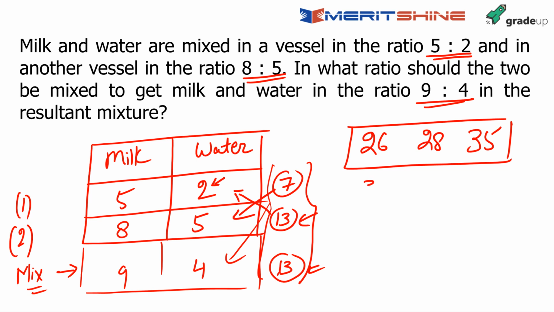7 5s are 35. This is 7 2s. Sorry, I have done it incorrectly. Just a moment.